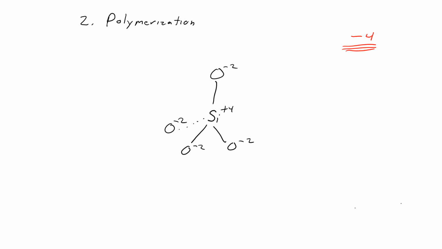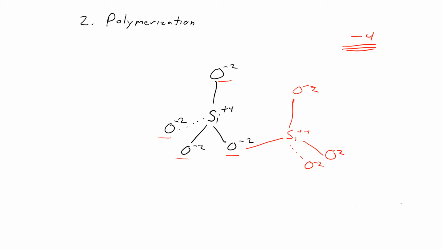So basically what's going to happen to this tetrahedron is that each of these corner oxygens are going to be shared with another tetrahedron. So in this case right here, perhaps we will have another tetrahedron, where Si +4, and then we've got another O that comes off there, another O that comes off there, and then another O going back here.